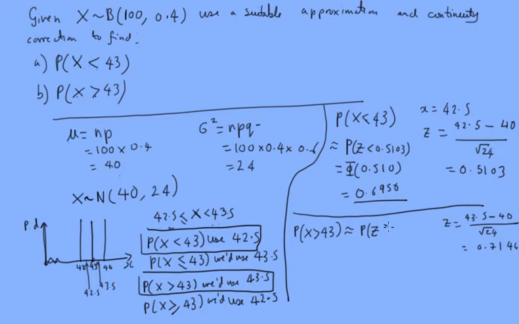So z is greater than 0.7144. And for that, we know that that's going to be 1 minus the phi function for 0.714, which comes out at 0.2377.